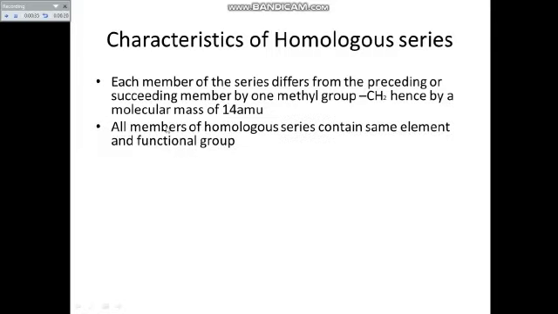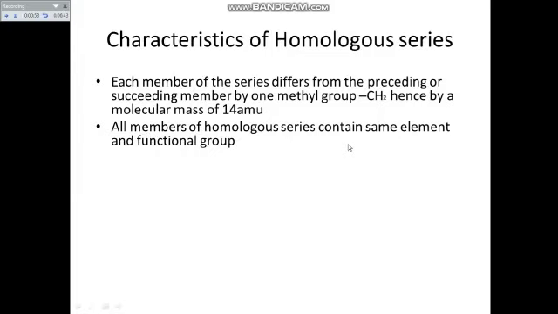And second point, all members of a homologous series contain the same element and functional group. Suppose in alkane, all have the same general formula. Suppose the homologous series has a functional group, such as alcohol: methanol, ethanol, propanol, butanol, pentanol, hexanol, like that.